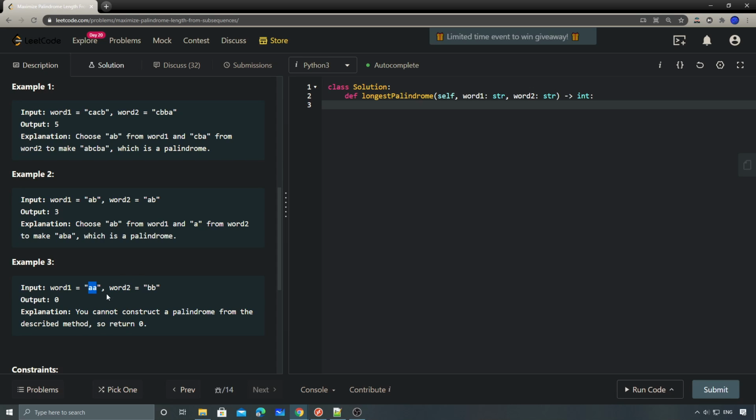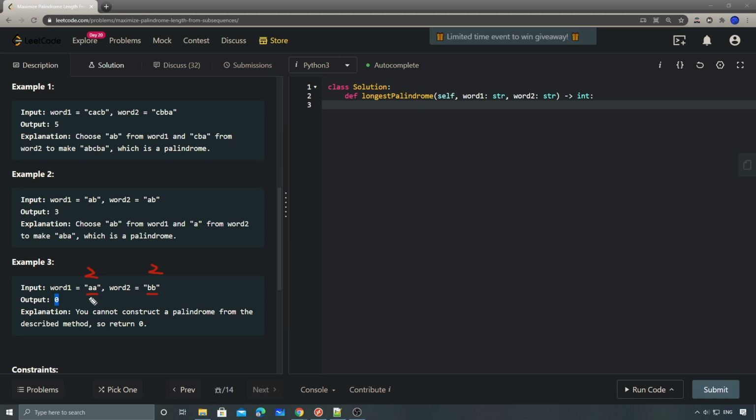care here. Basically, the reason we have 0 is because we have a palindrome in this one, which is 2. So AA is a palindrome. Same thing for this one. There's also a length 2 palindrome here. But the reason we have 0 here is because we need to find a subsequence from both word 1 and word 2.